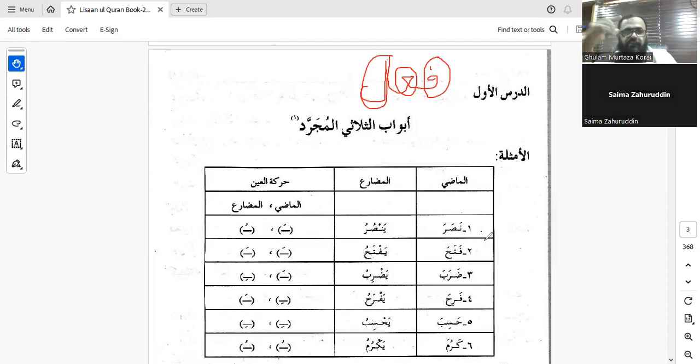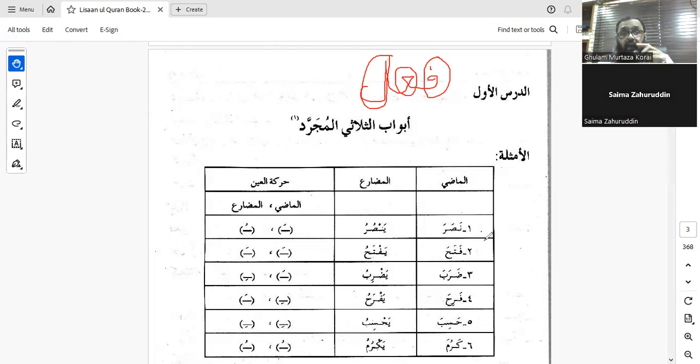Yes. Now, first of all, we are discussing abwab. Abwab is the plural of bab, and bab means chapter. Abwab means we are discussing more than one chapter. And thulathi means the verb that contains three letters: one, two, three. Is that clear, sister?